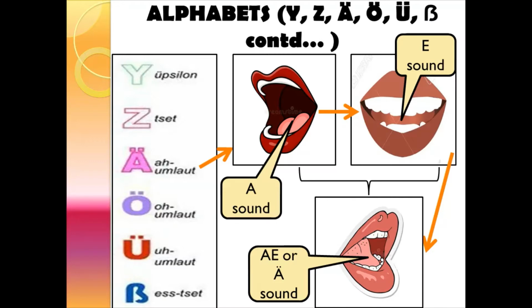Then, if you look at this image, you will keep your mouth partially open and pronounce the German A alphabet, which, as I covered in previous tutorials, sounds just like the English A alphabet.